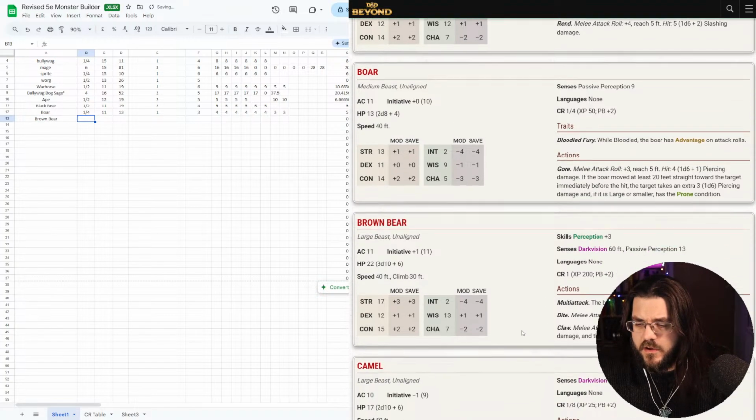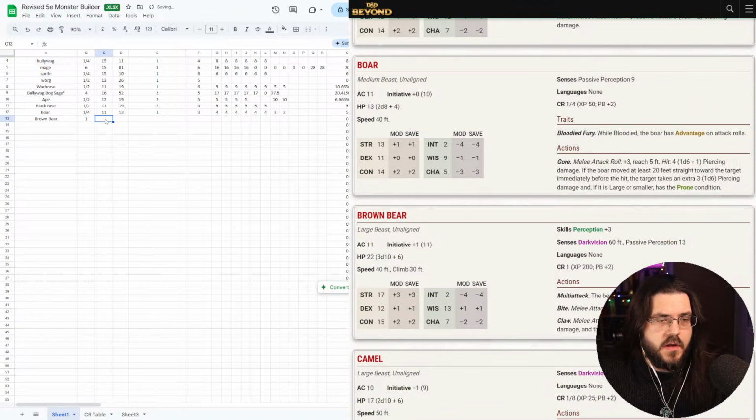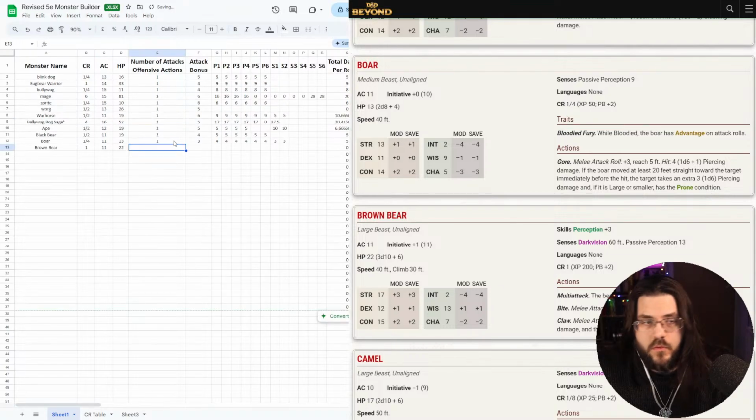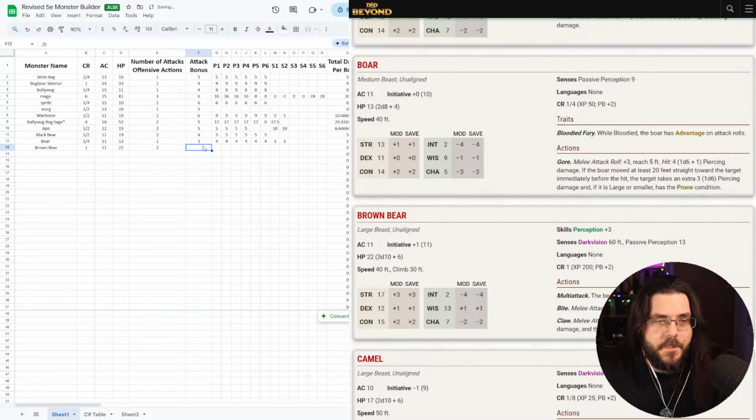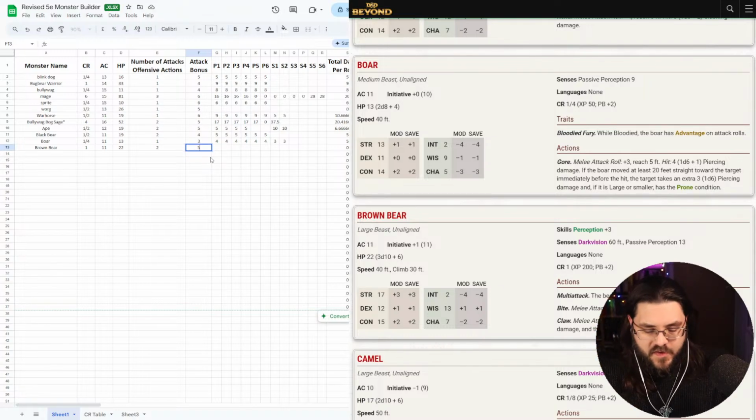Brown bear is CR1. This is going to be AC 11, HP is 22, number of offensive actions is 1 bite and 1 claw. That's weird. That's unlike a lot of the other new monsters to have it split out into bites and claws. So that attack bonus is going to be 5, and then we'll do all bites as primary, all claws as secondary.